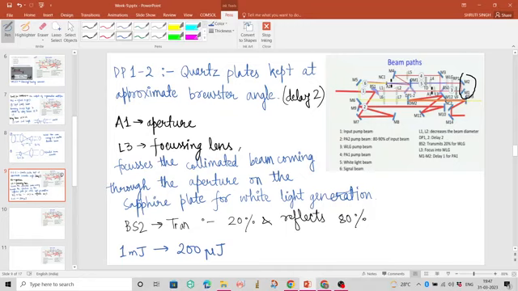Now from here again 80% got reflected and 20% is transmitted, so the 20% which is transmitted will be 40 microjoules. So we have very little energy transmitted here, and even after that we have VF, which is a variable filter.